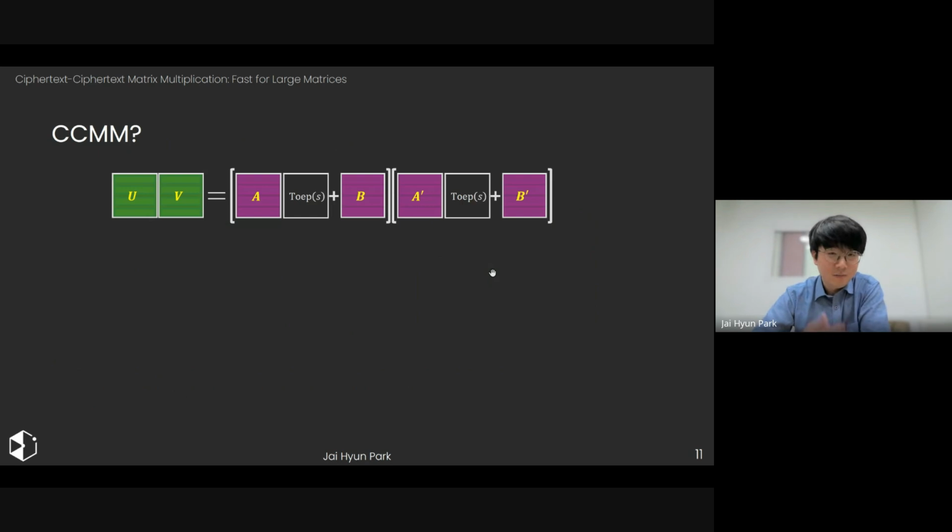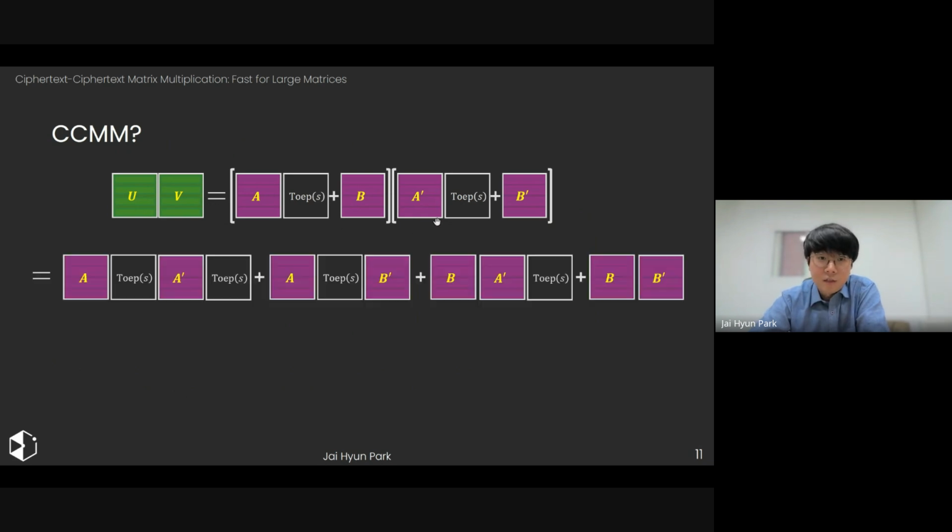The easiest or most straightforward approach might be to use the same matrix equation and do the same things as we did in PCMM. So let's say A, B decrypts to U, and A prime, B prime decrypts to V. We can write it like this, and just expand the equation, and we get A S, A prime S plus something like this.